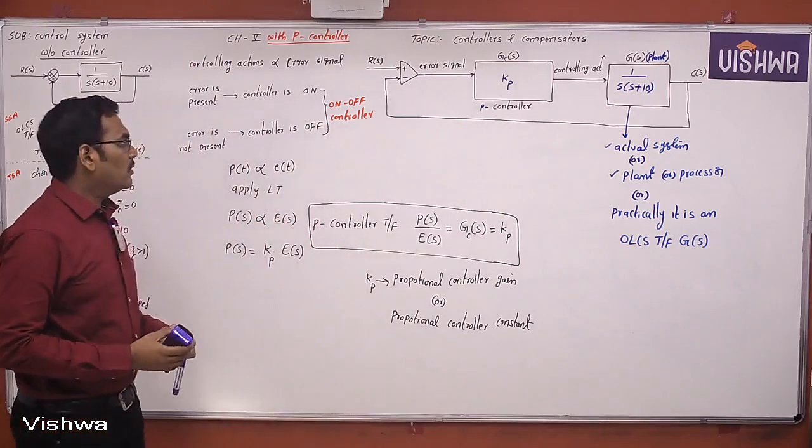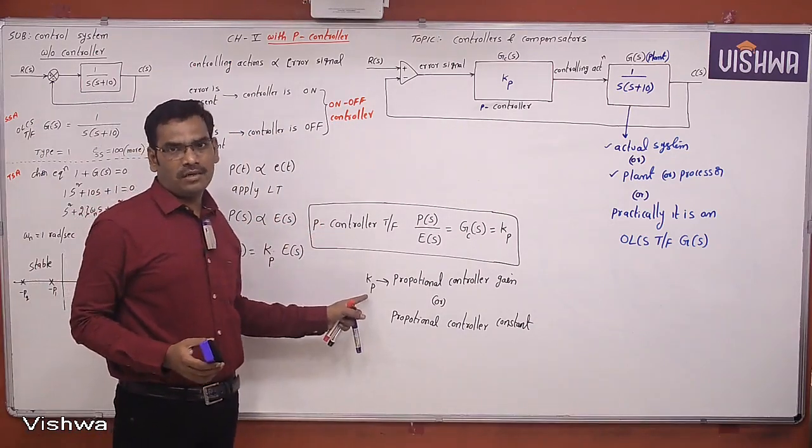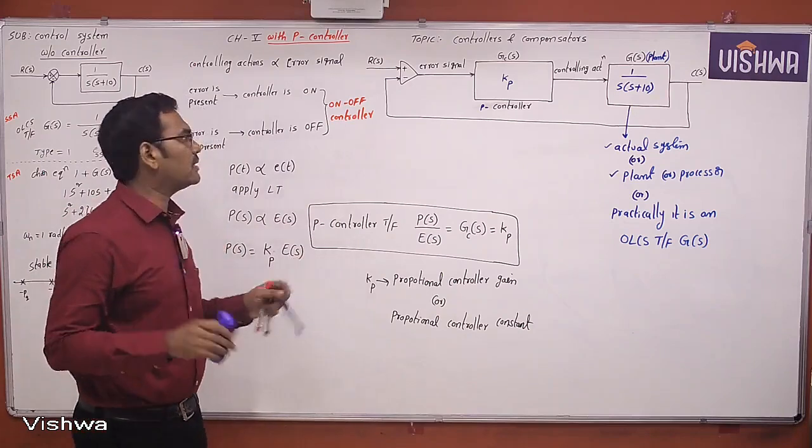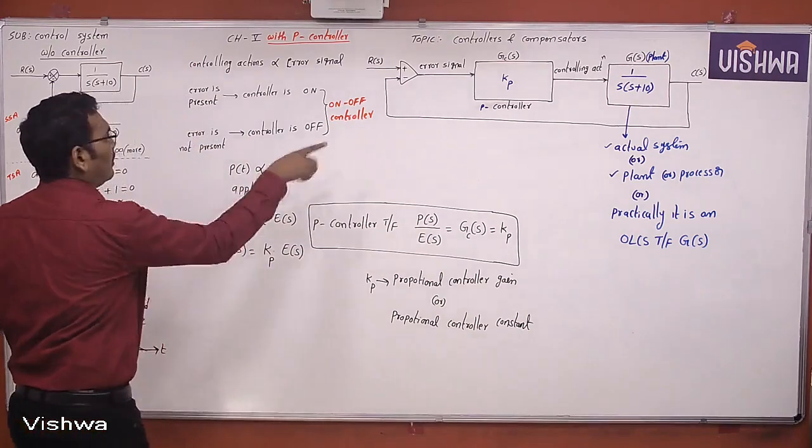Now students, this is the P controller transfer function. You can easily understand the difference between without controller and with controller.